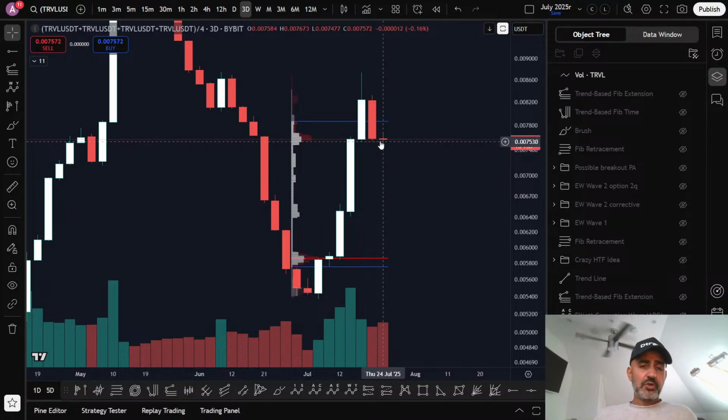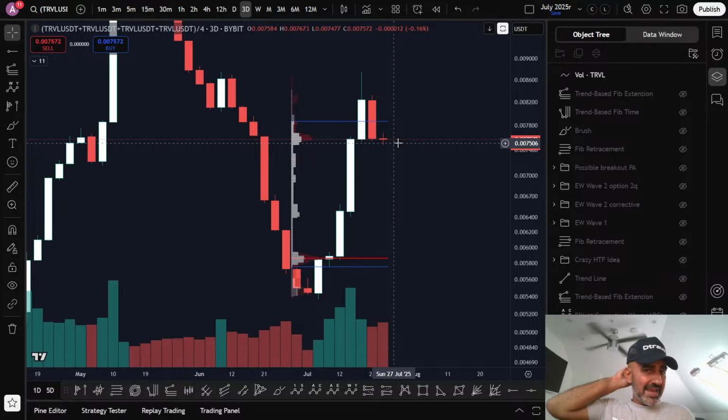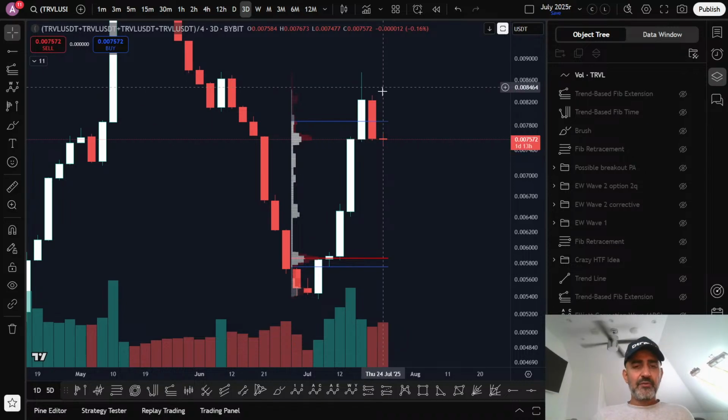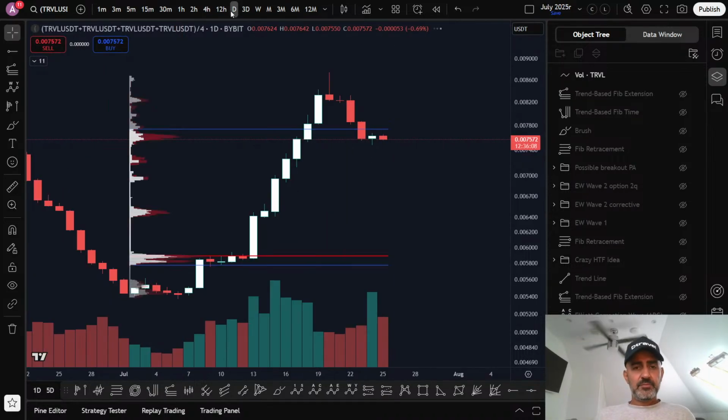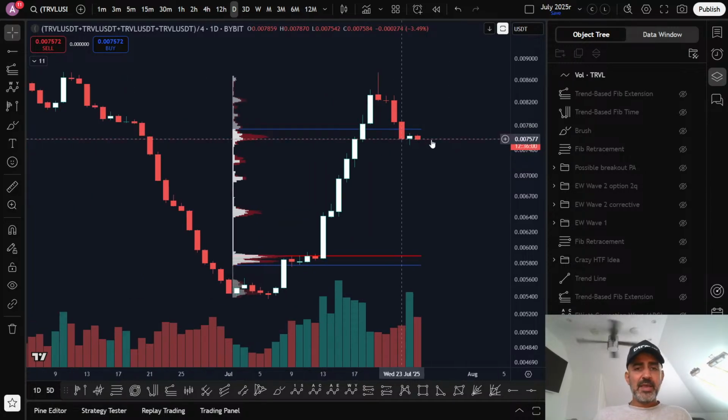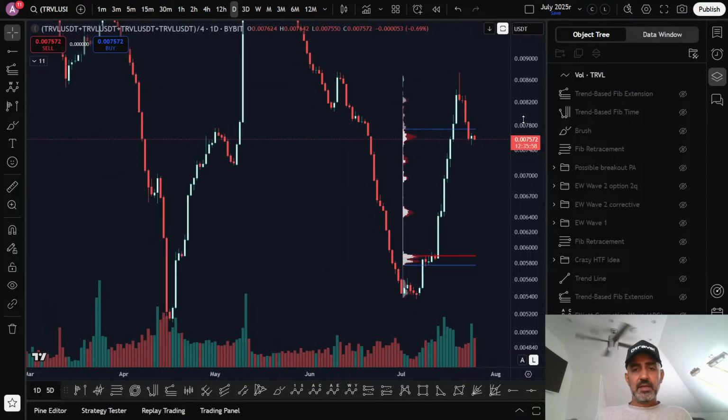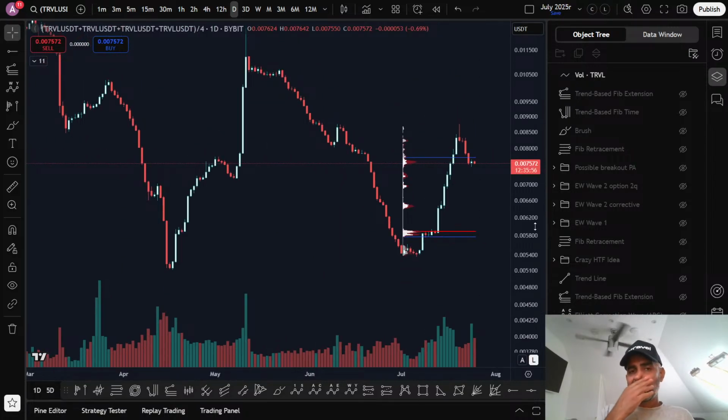So this is important to see what happens, what kind of candle we get in the next 1.5 days. Ideally we just want to stay here, and then the next one we can reverse. It's tricky. Ideally what we want to do is put in some volume here and go sideways, and not go lower.